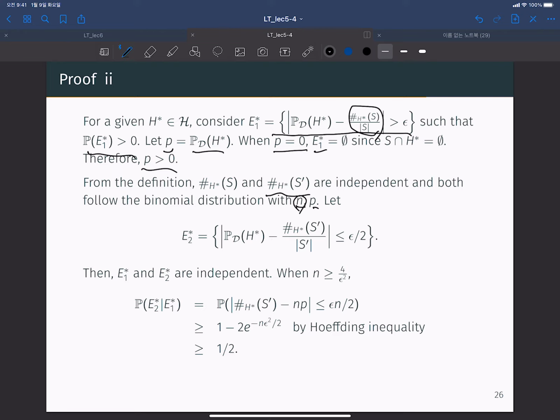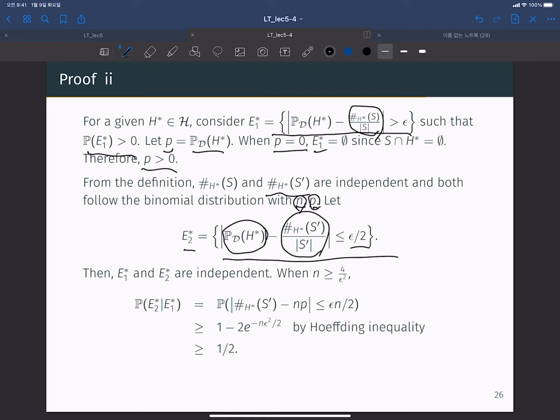N is the number of trials and p is the probability we get a positive response for each trial. And let E2 star be like this: the event that the test error of H star minus the training error on S star is bounded by epsilon over 2.